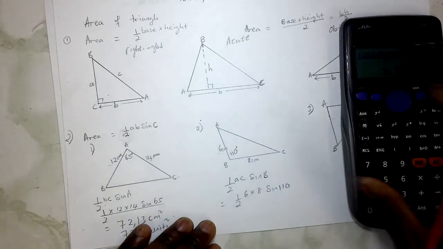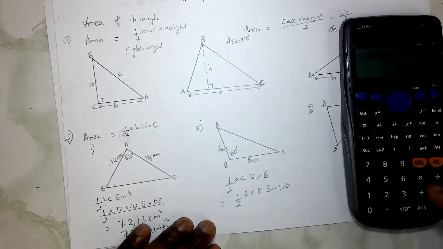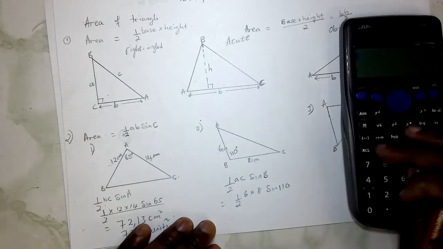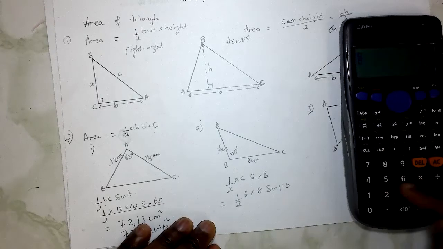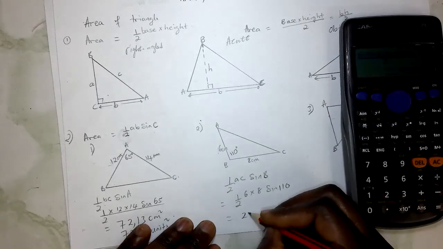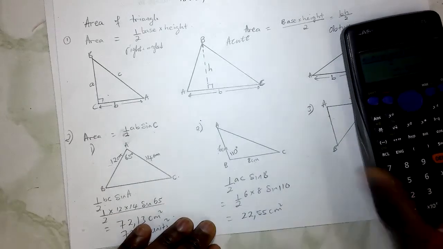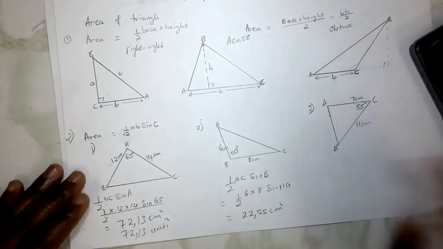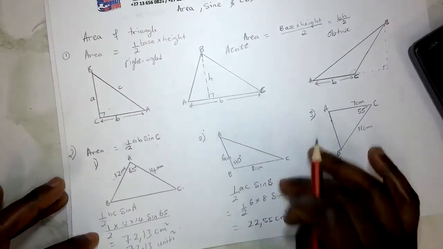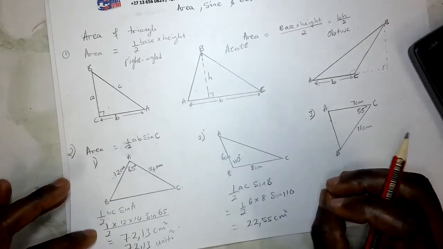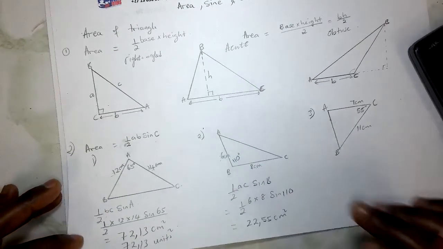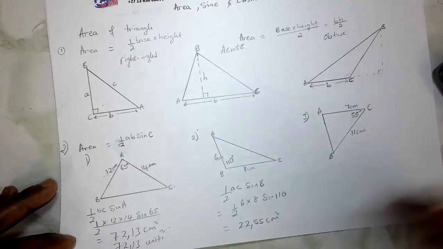So we have 6 times 8 times sine 110 over 2, and we get 22.55 square centimeters. So this is for the area, guys. You just need to understand this part here. And remember, where do we use it? Euclidean geometry. When we are doing Euclidean geometry, I will also emphasize it.